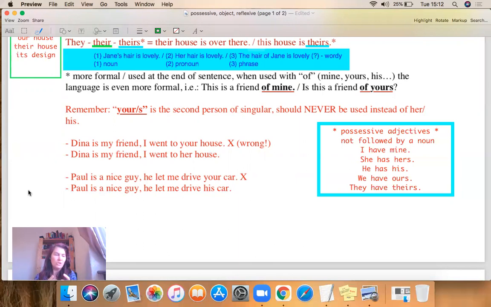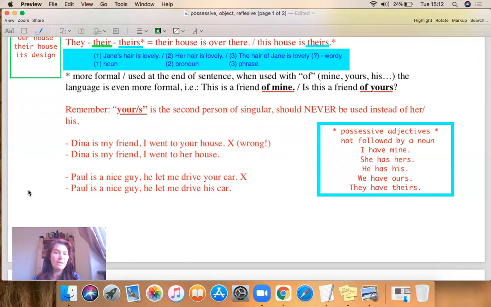Sometimes we can also say your. In some languages that happens, but in English, that does not happen. If I say your, it is your, okay? It's not hers, it's not his, it's your.